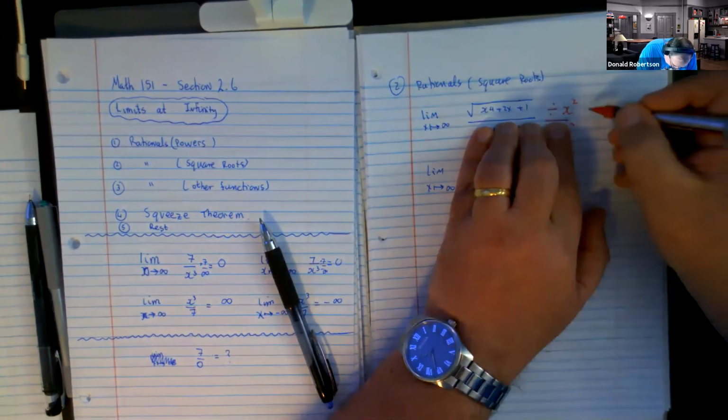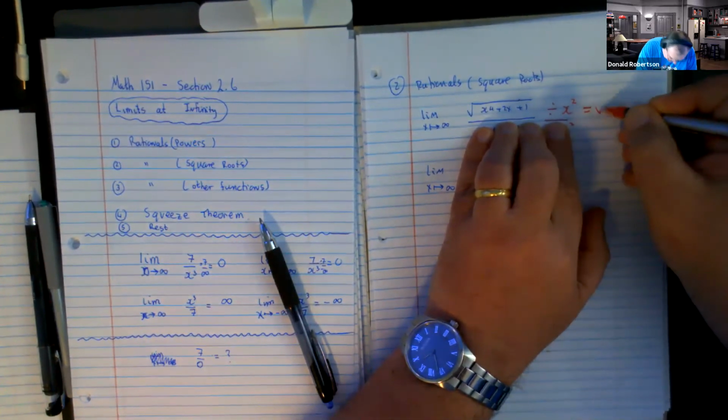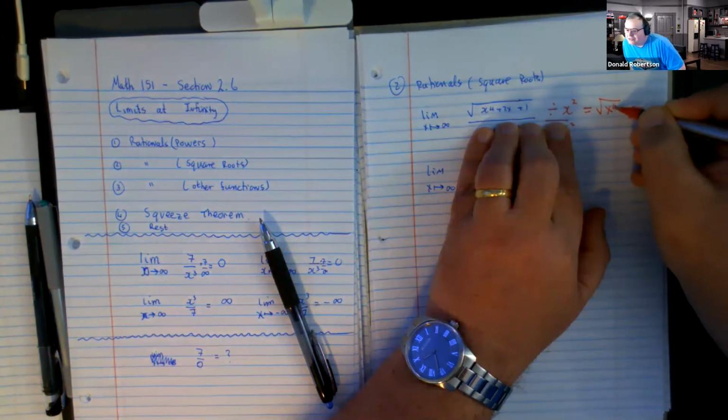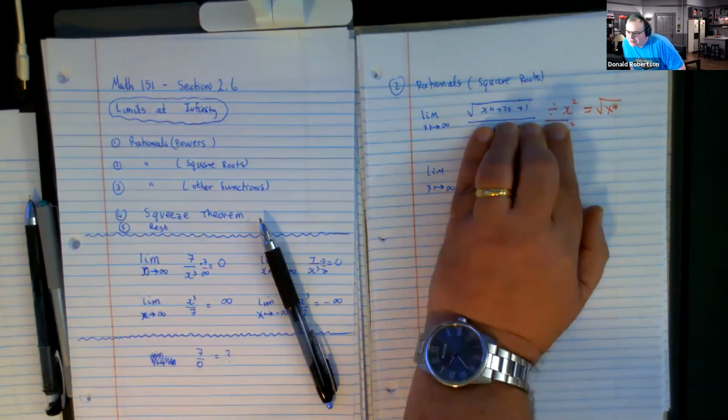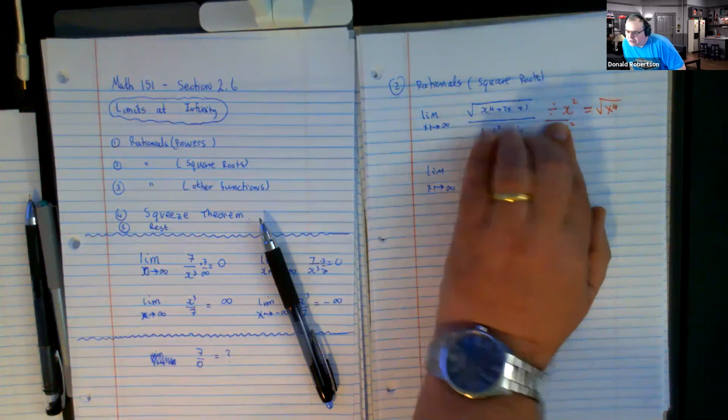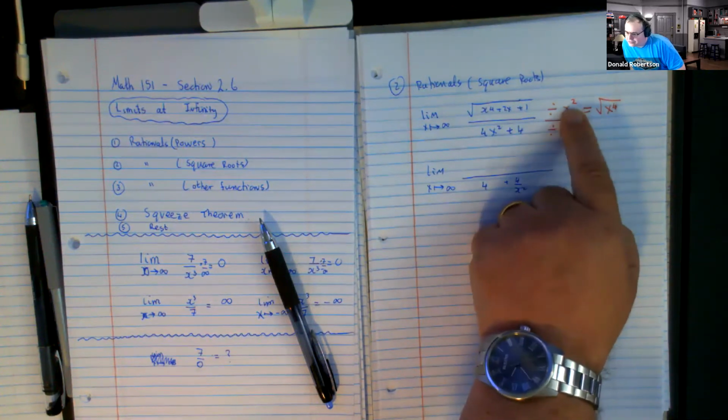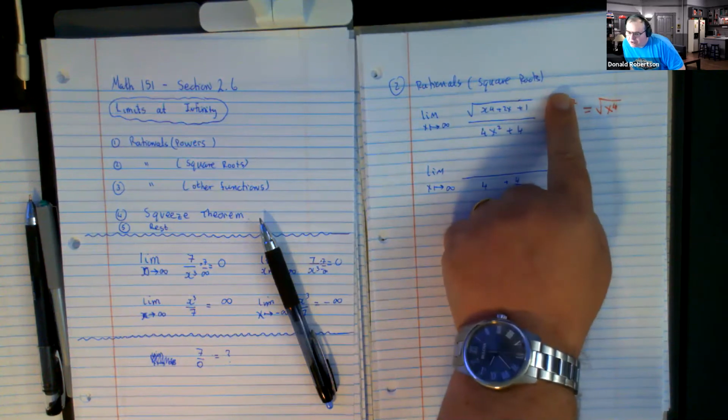This guy has to be converted into x squared, but using a square root. Would you agree that the square root of x to the 4 is the same thing as x squared? So I'm actually going to divide everything on the top by the square root of x to the 4. And that makes it algebraically correct.